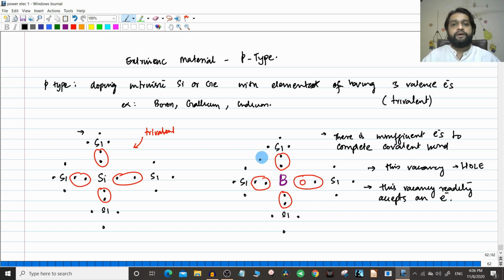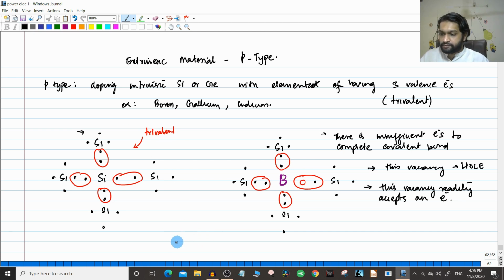When you introduce an element like boron, it is like introducing something which accepts. When you introduce pentavalent impurities like phosphorus, it donates a free electron. Here you are creating a condition where it will accept electrons, not donate them. Therefore, atoms of such impurities are called acceptor atoms. There it was donor atoms; this is called acceptor atoms.